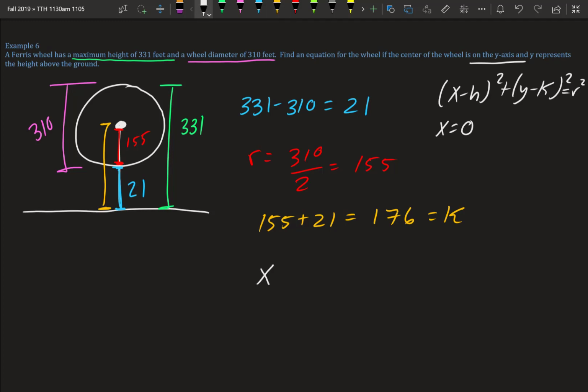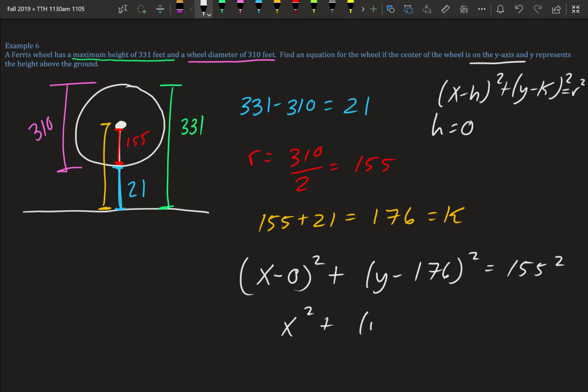We have x minus, sorry, that's supposed to be h right here, x minus 0 squared plus y minus 176 squared equals 155 squared. So we have x squared plus y minus 176 squared equals 155 squared, which is 24,025. And that's our equation.